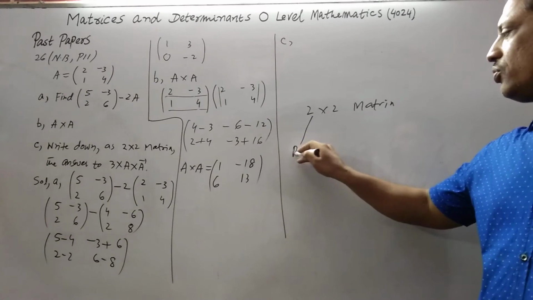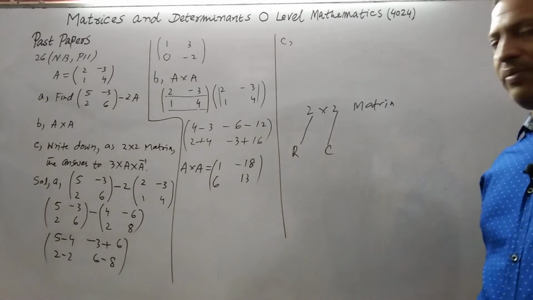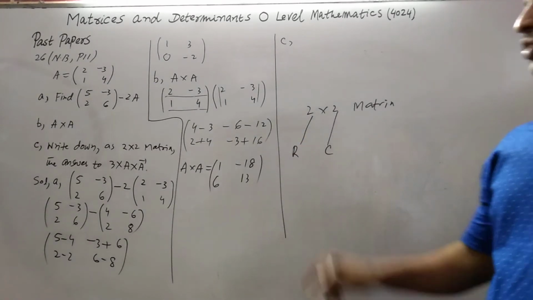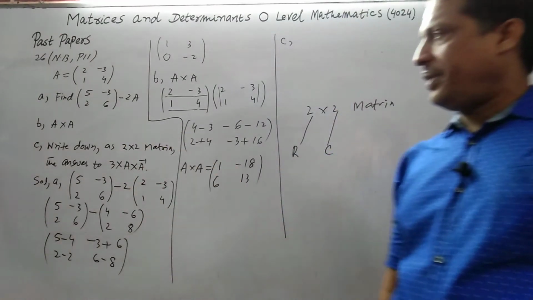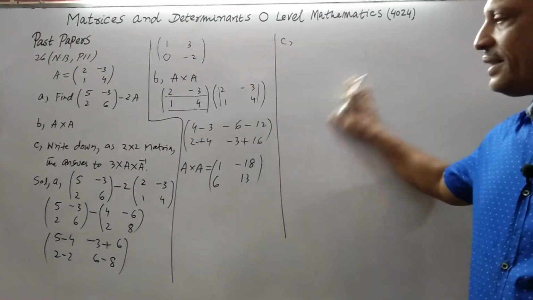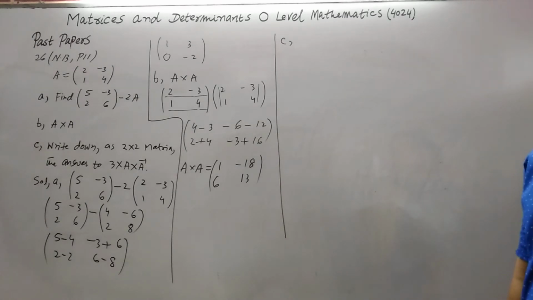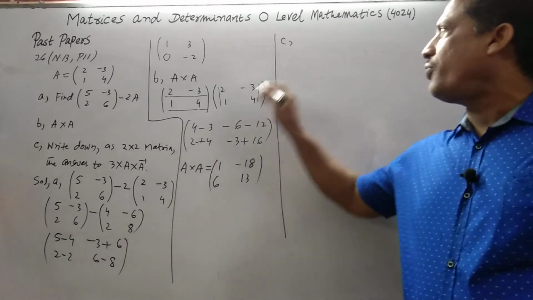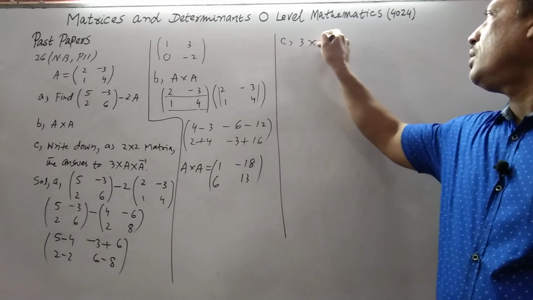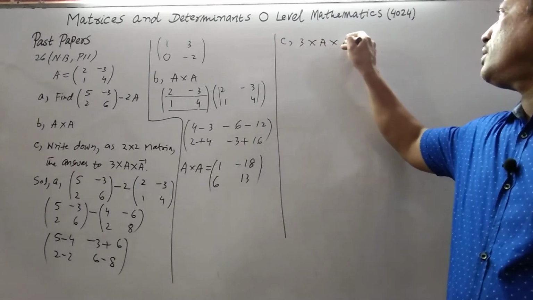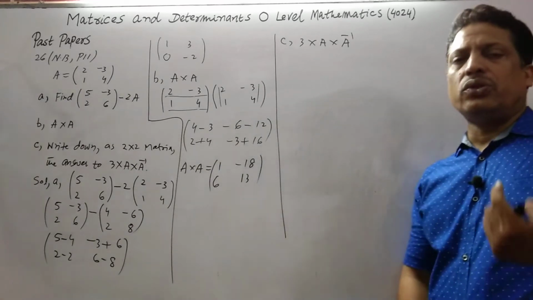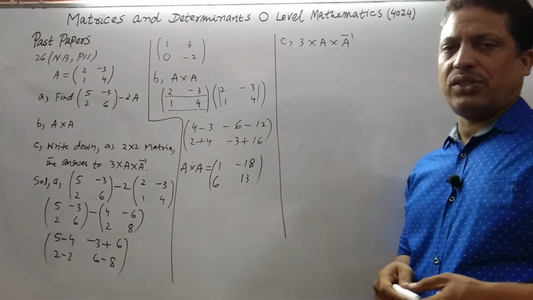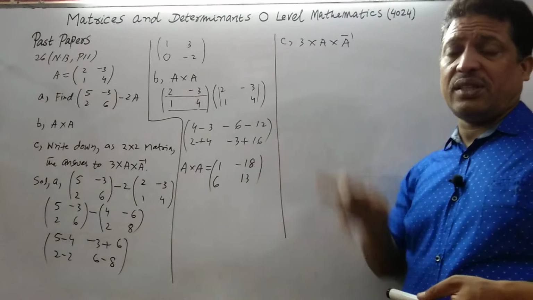We have to write a matrix with 2 rows and 2 columns. Next is: write down as a 2 by 2 matrix the answer to 3 into A inverse. There are 2 ways to find the answer of this.